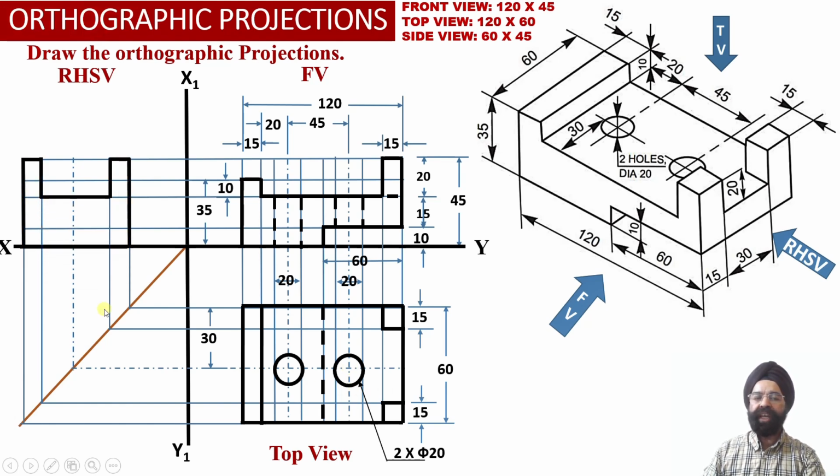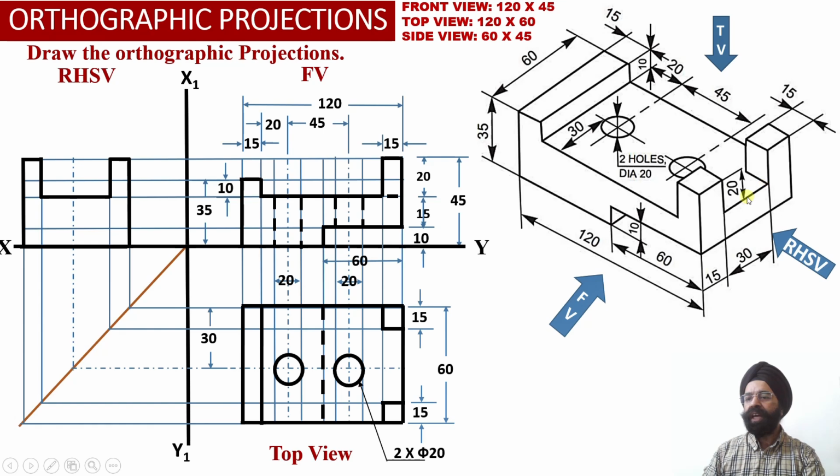And now we can check if we look at the solid from the right hand side view. We observe that once again we are going to see this cross section, that is, the base will be visible through this particular slot. We can check the base will be visible, the full height of 45 millimeter will be visible, and this rectangular slot has the dimensions, we can check, this is 15, this is 15.